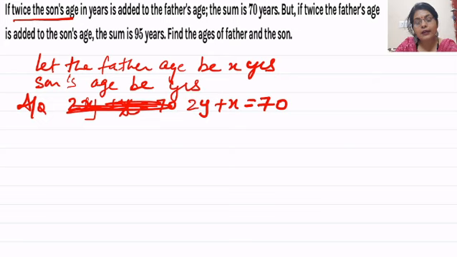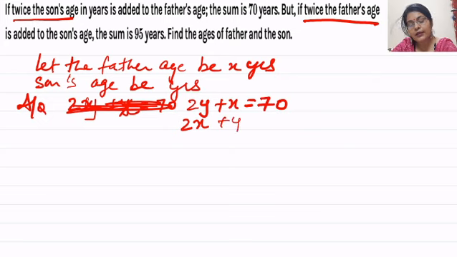Now in the second, twice the father's age. Father's age is x years. So our second condition is twice the father's age, 2x, added to the son's age. Son's age is y years, and it becomes 95.